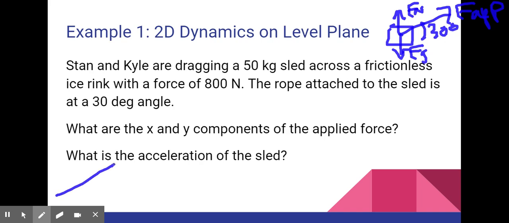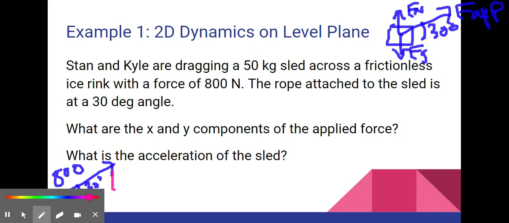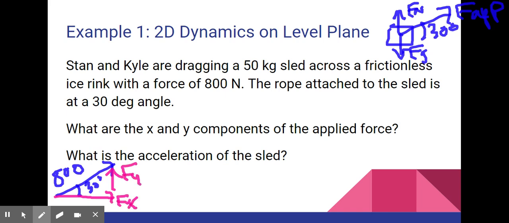We know that the applied force is 800 newtons, and it's at a 30-degree angle. What we need to find is the y and the x. That would be f sub x, f sub y.